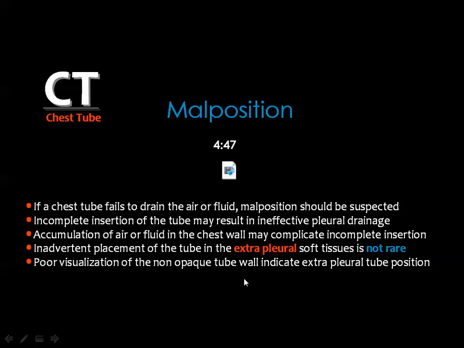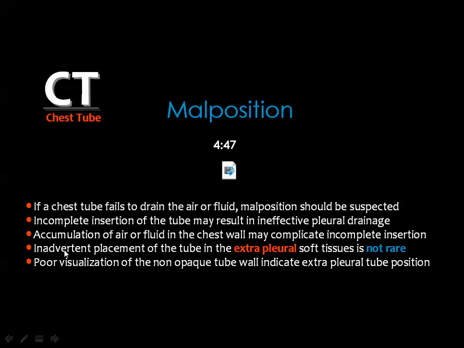Then the incomplete insertion of the tube may result in ineffective drainage of the pleural fluid or the air. Then accumulation of air or fluid in the chest wall may complicate incomplete insertion because some of the side holes of the tube may be in the chest wall itself.